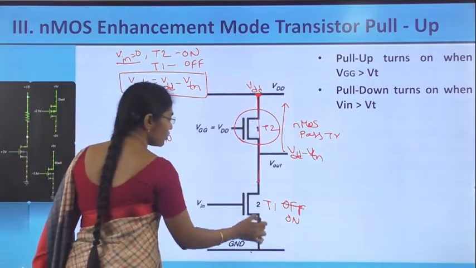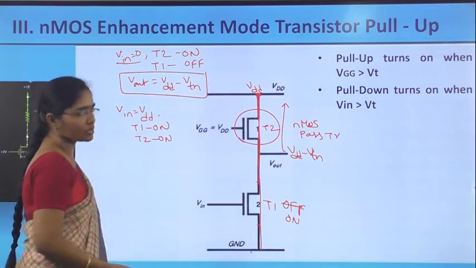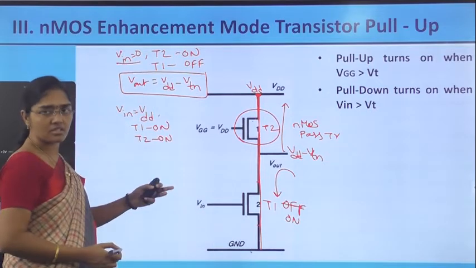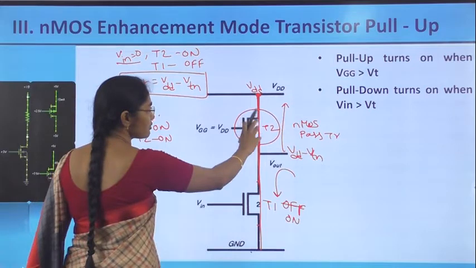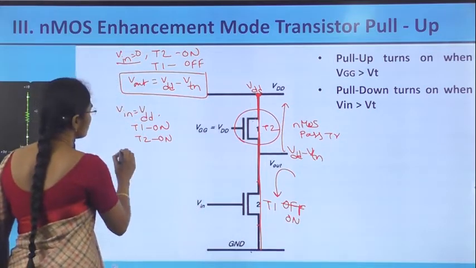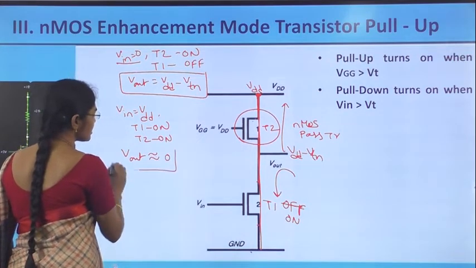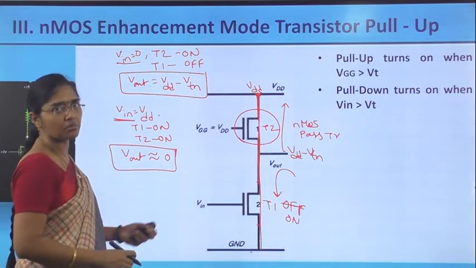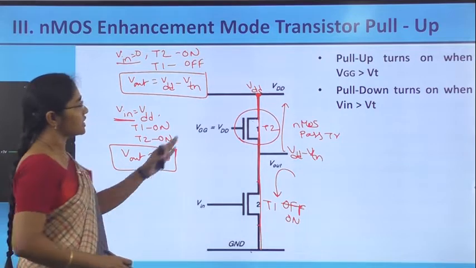Here both are on, which means there is a short connection from VDD to ground and Vout starts discharging through the transistor T1, and it doesn't reach full 0 because of some loss of value in the second stage. So Vout is approximately equal to 0. This is the same case which happens in the NMOS enhancement and depletion mode inverter circuit.